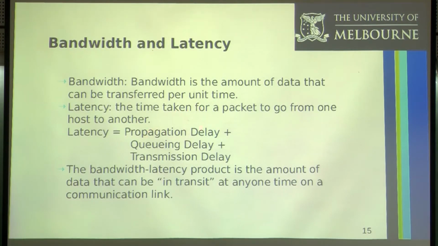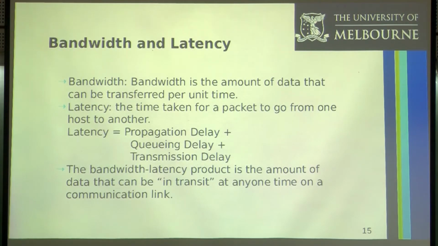It's typically a sum of propagation delay, the time to get from one node to another, and then the queuing delay, the time that a packet sits in a queue of a router before it transfers to another router, and then the transmission delay, the actual bit rate of the line that it's on, so you can figure out latency.